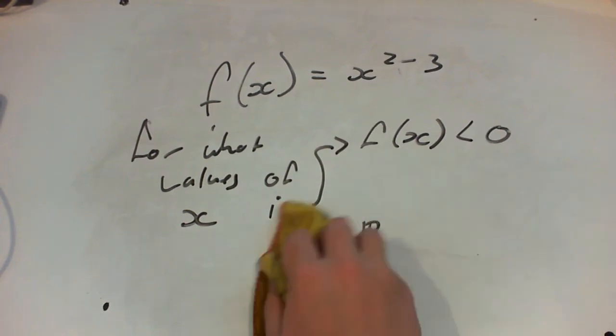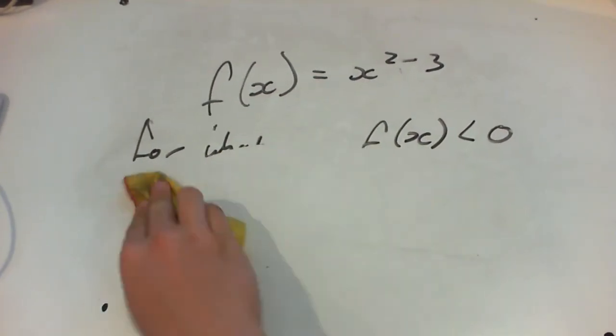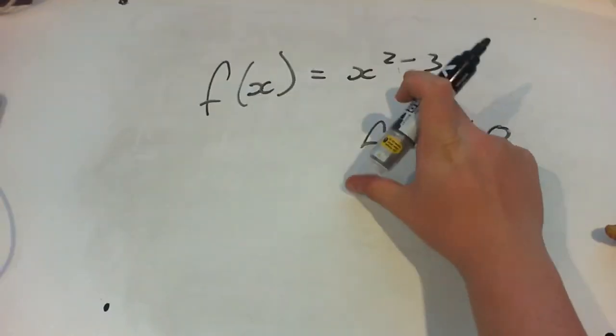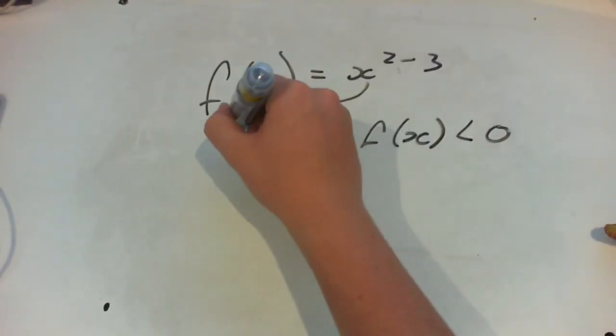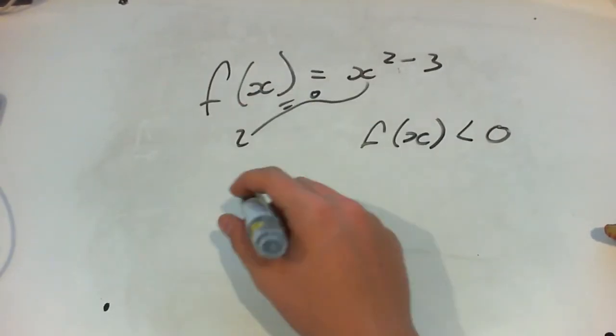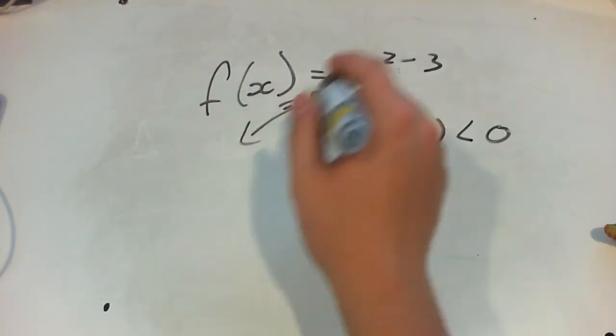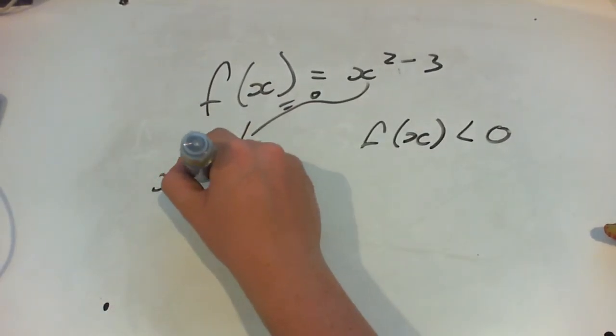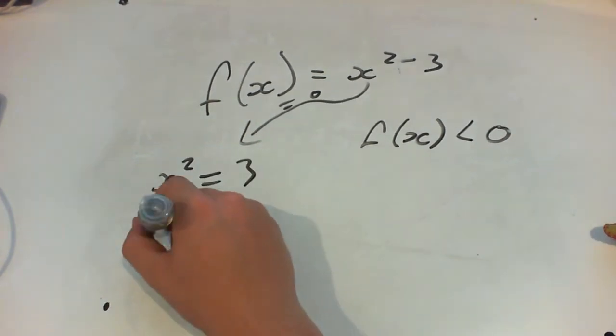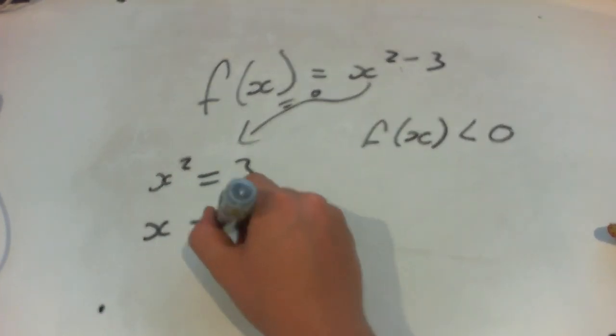Let's just leave this here, but I don't need all this stuff. We want to find where this equals 0. Where does it equal 0? Well, we can say x squared equals 3. X is equal to plus minus square root 3.